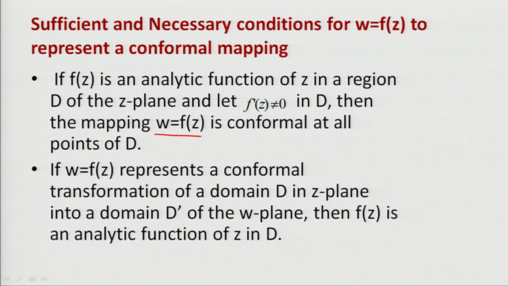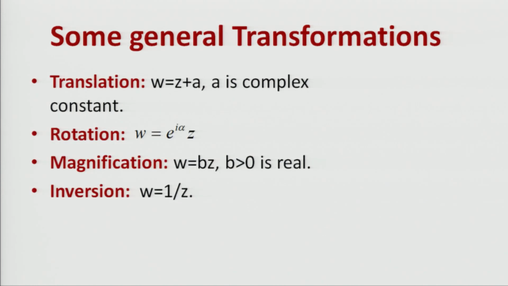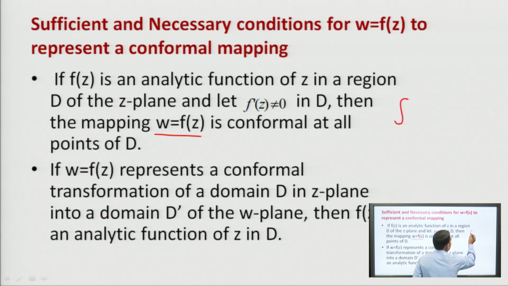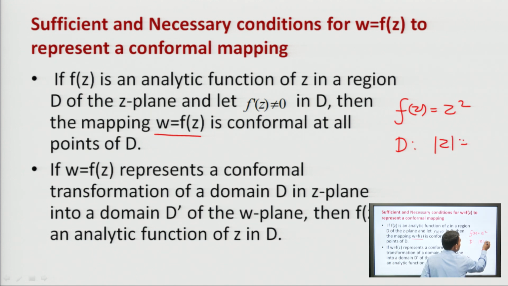And the necessary part is that if the mapping w = f(z) is conformal in a region D, then the function will be analytic in that region D. For example, take f(z) = z square and a region D such that mod z = 1.